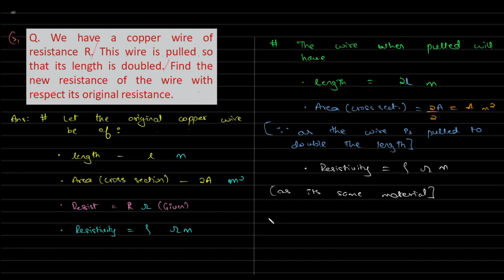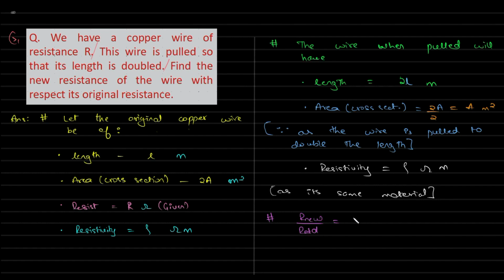Whenever you get any question like find the new resistance of the wire with respect to its original resistance, any kind of question, anyhow they're framed, it's always R new divided by R old.